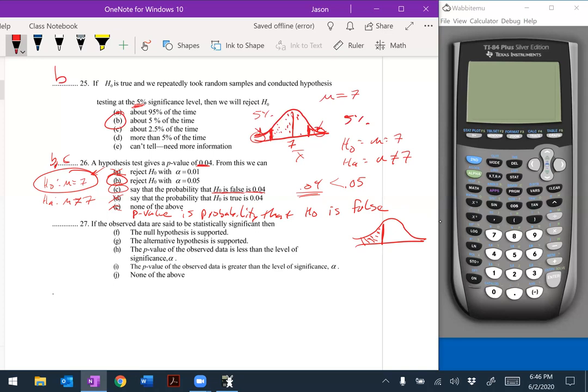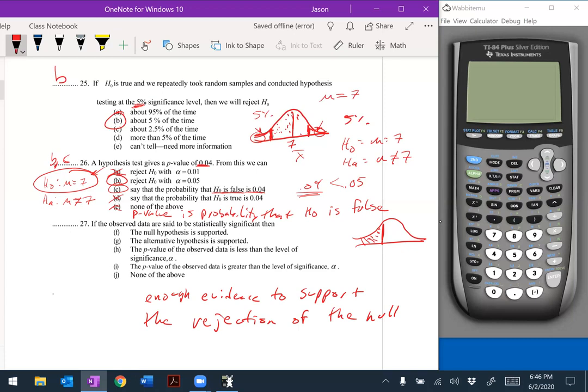27. If the observed data are said to be statistically significant, then what? It means that we have enough evidence to support the rejection of the null.